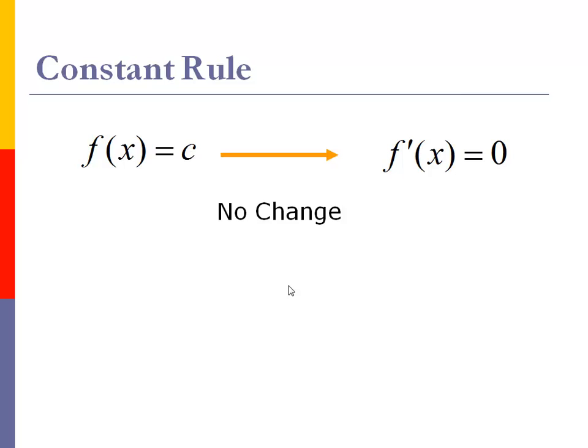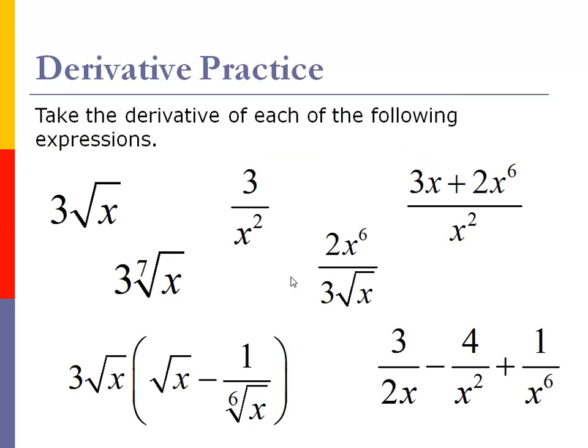Anytime you take the derivative of a single number by itself, you get 0 automatically, because remember, the derivative is the formula for how things are changing. And if you're a constant number, you have no change. You're always going to be 37, 23, or whatever number it may be. You don't change, so its derivative has got to be 0, because 0 is the way for us to say no change. Okay, so those are your nice basic derivative rules.